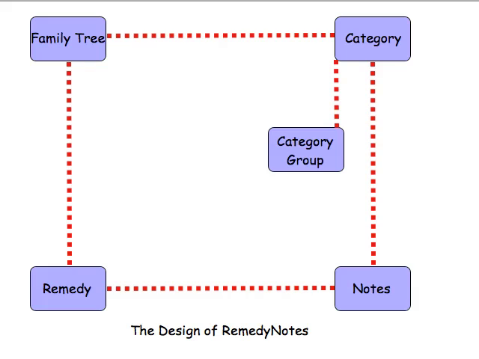Now, as well as that, it might be useful to link up a number of categories in a less hierarchical, less formal way and put them under a particular group. So we might have categories for each of the elements of the periodic table, and then we could have a category group that linked them together. Okay, so we're nearly there.